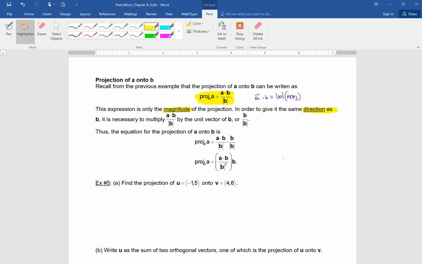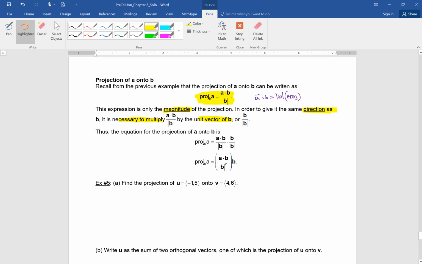We multiply it by a unit vector that goes in the direction that we want. That's the point of why we found unit vectors. You can turn a scalar into a vector, but you can't turn a vector into a scalar. So you can take a scalar number, multiply it by a unit vector, and it now has some direction. If we want the same direction as B, we multiply it by the unit vector of B.